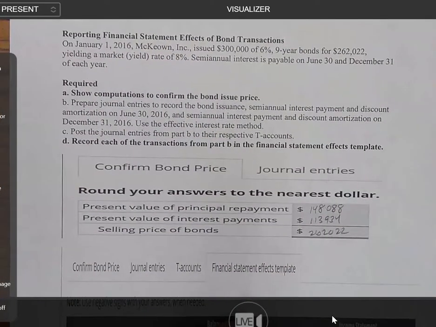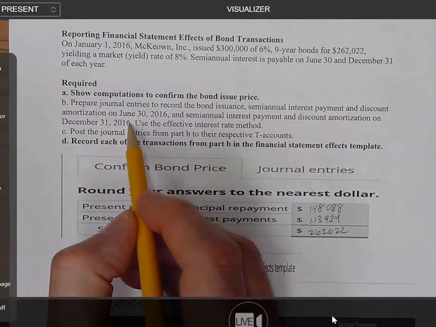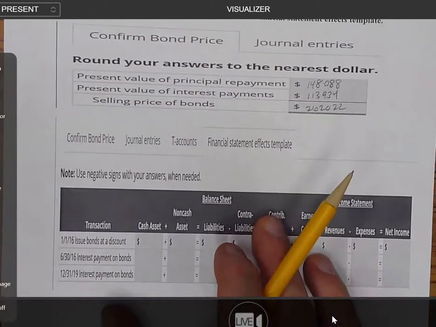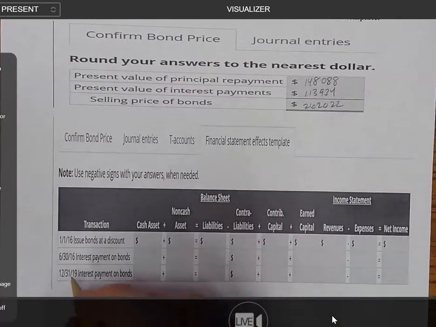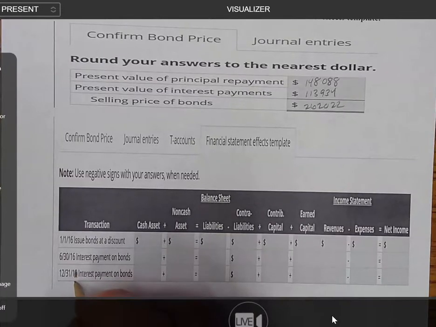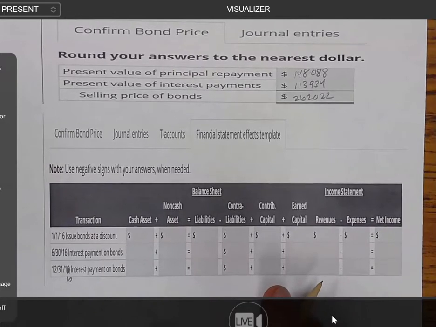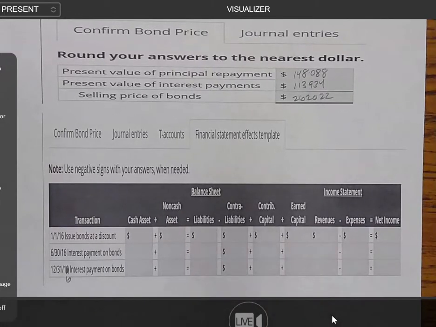If you notice up here, they use December 31st of 2016, and down here they're using 2019. So we need to go ahead and fix that.